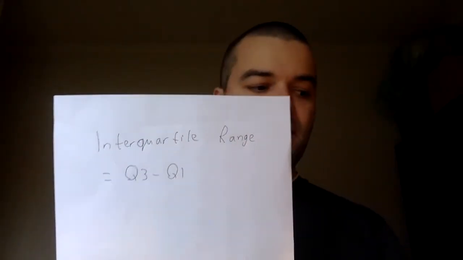The final thing that I wanted to talk about is just something called the interquartile range. And the interquartile range is really easy. All you have to do is once you've worked out your Q3 and your Q1, you literally just do Q3 minus Q1, okay?